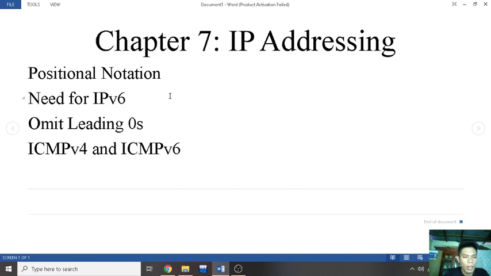Now we have ICMPv4 and ICMPv6. Although IP is only a best-effort protocol, the TCP/IP suite does provide for messages to be sent in the event of certain errors. These messages are sent using the services of ICMP. The purpose of these messages is to provide feedback about issues related to the processing of IP packets. ICMPv4 messages are not required and are often not allowed within a network for security reasons.